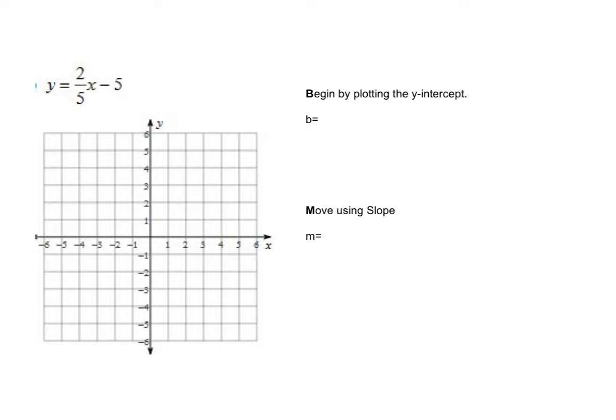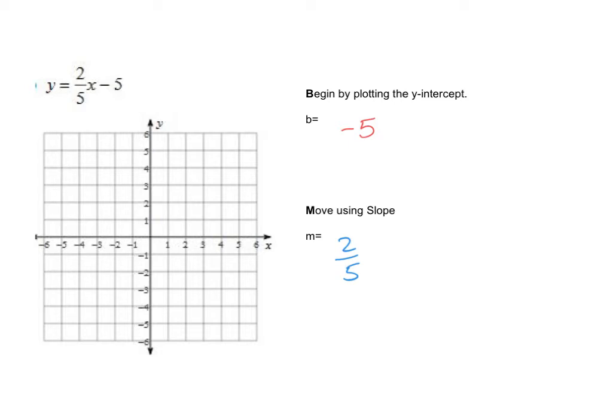So first, you need to identify what the y-intercept and what the slope are using your y equals mx plus b, like we did back in lesson 4.5a. So here, my b is -5. My slope is 2 over 5.